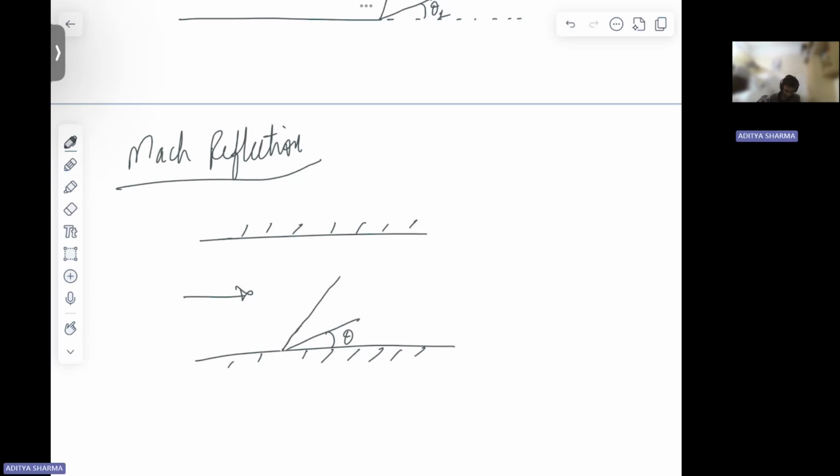Now, for this flow in region 2, the deflection that this wall is serving is greater than theta max.